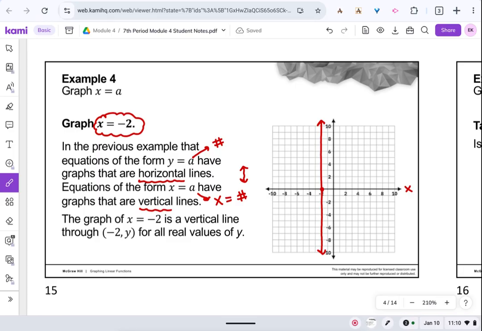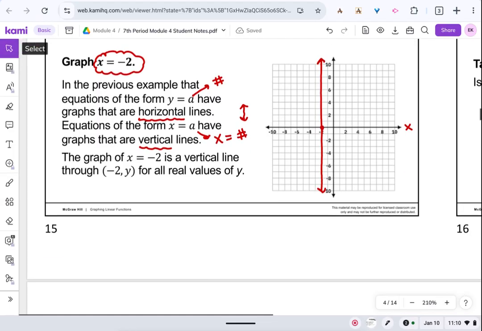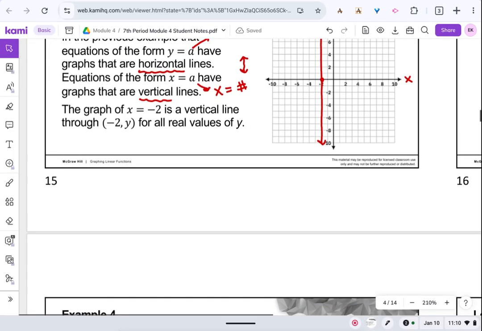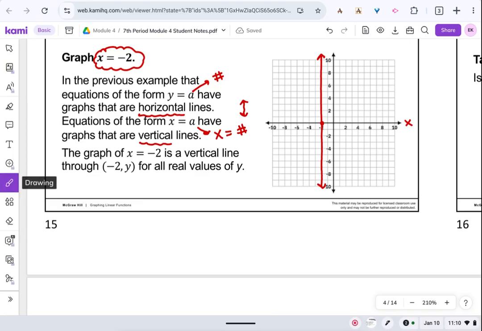So just as a recap, I'm going to write this down here at the bottom, just so we have a little note for it. When we have y equals a number, we're going to get horizontal lines like so. When we have x equals a number, we're going to get a vertical line. Okay, so that's kind of our main idea for these special line types here.